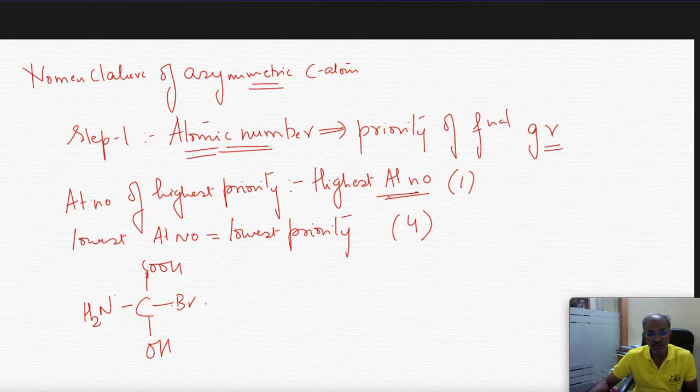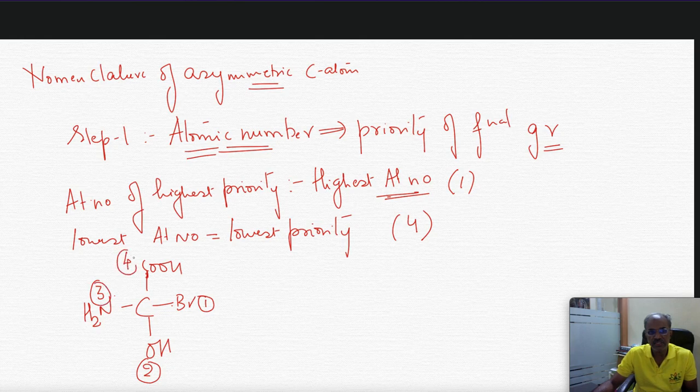So this will be given the first preference. Then this carbon atom is directly bonded to oxygen, this is bonded to just carbon, and this is just nitrogen. Between nitrogen and oxygen, oxygen has the higher atomic number, so this will come second, and then comes 3, and then comes 4.